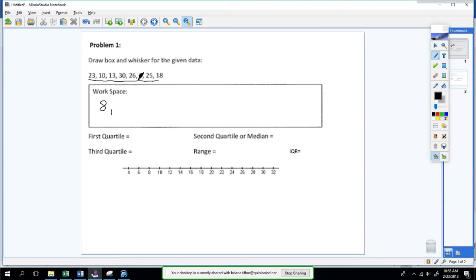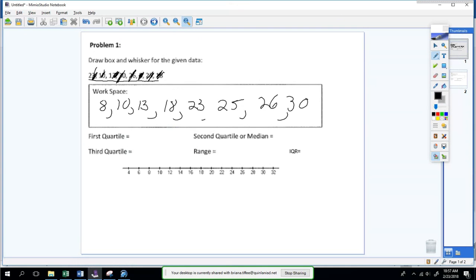The next number is 10, 13, 18, 23, whoops, that should have been 25, then 26, and then finally 30.